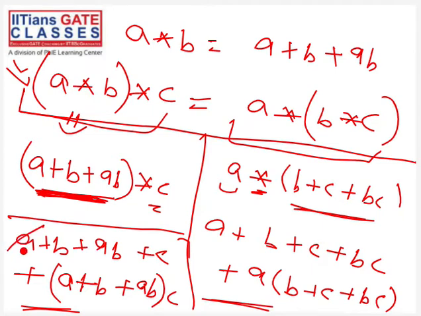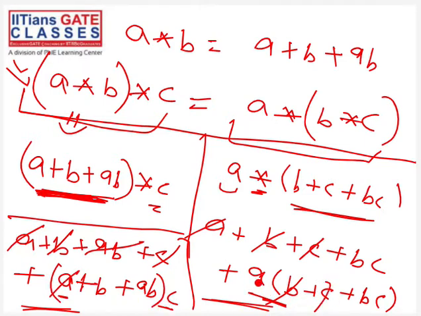Okay, a is there, let's cut it out. b is there, cut it out. c is there, let's cut it out. Now there will be ab from here, so let's cut it out. From here we will get ac, so we will get ac from here also, so you can cut it out.